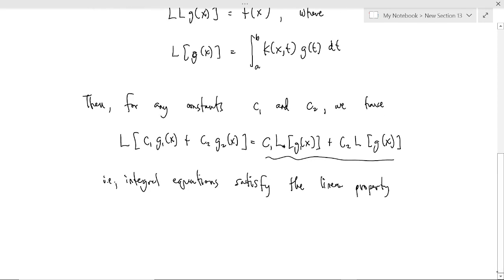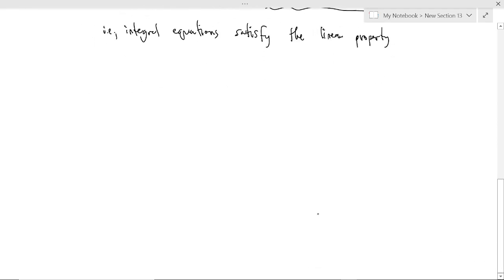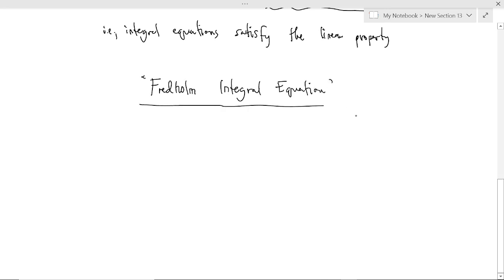Now we start with the Fredholm integral equation. I believe that we are all familiar with the form now of this integral equation.